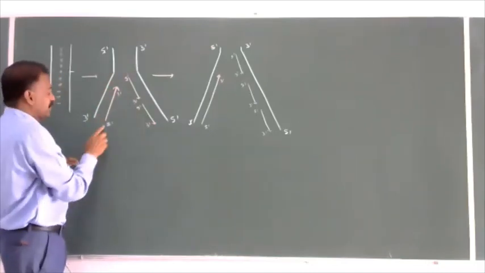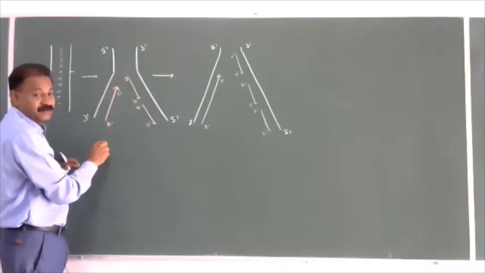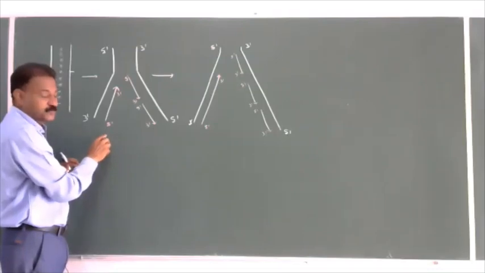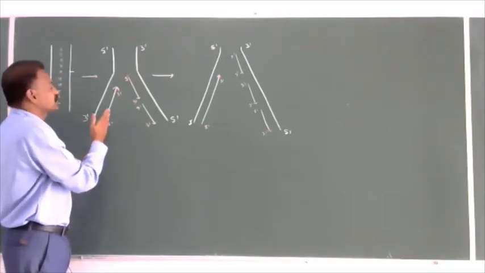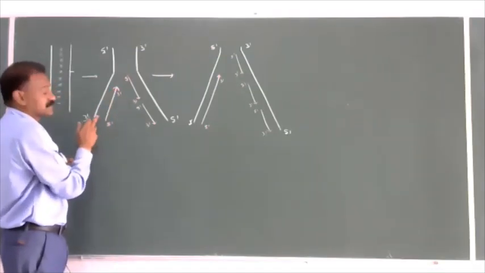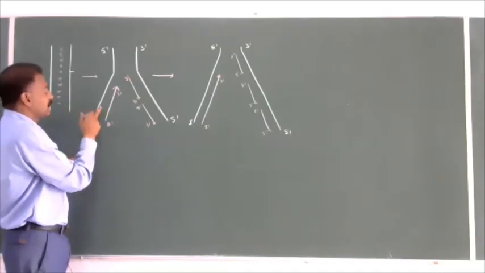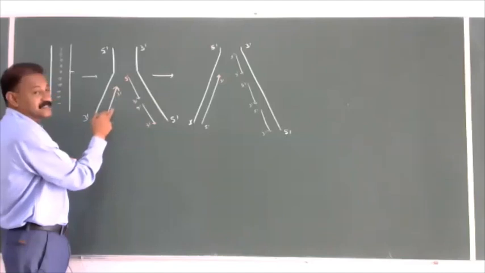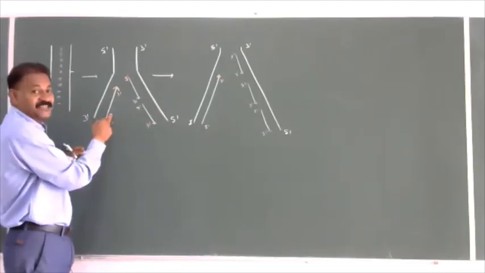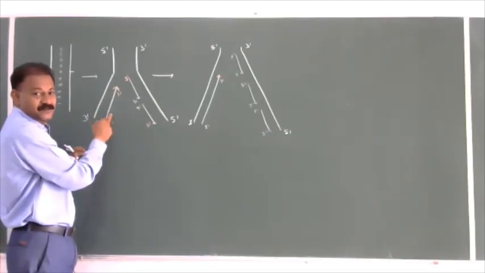And how is it? With the help of an RNA primer, primase enzyme will produce primer, and polymerization starts based upon substrates. Here thymine means adenine, adenine means thymine, guanine, cytosine. Substrates are nothing but triphosphate structures, adenosine triphosphate, guanosine triphosphate.